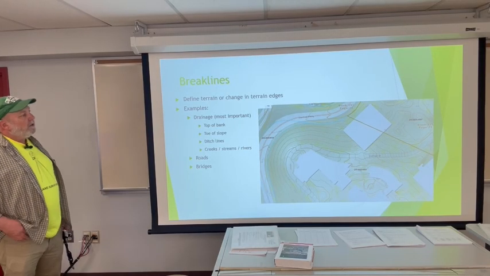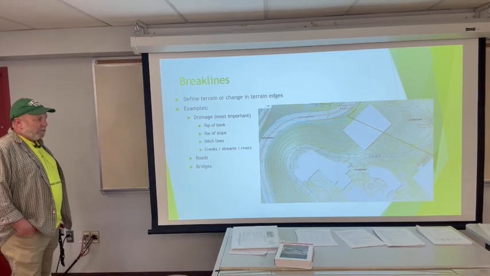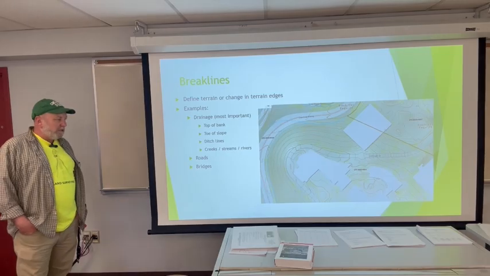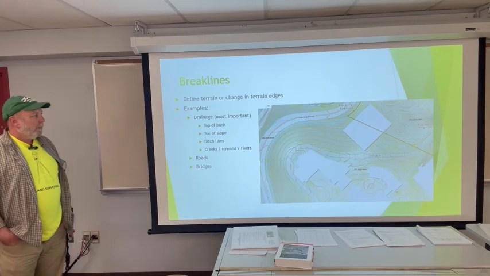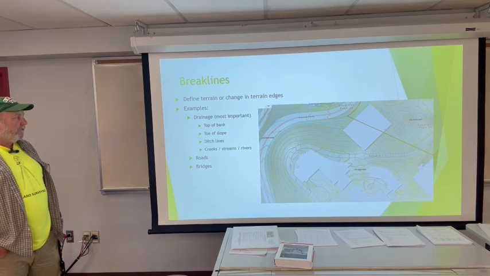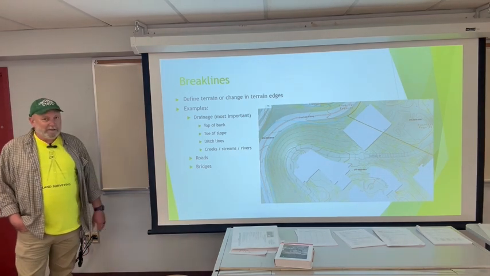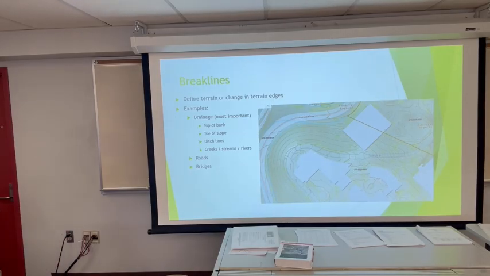That's crucial. So we have break lines, things like top of banks, toes of slope, ditch lines, creeks, streams, rivers, things of that nature. We also have roads as break lines, bridges. This is not an all-encompassing list, just a generalized one.